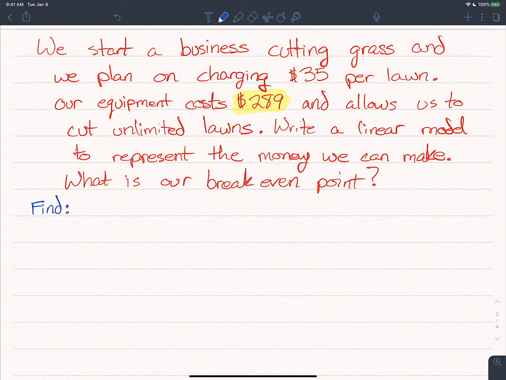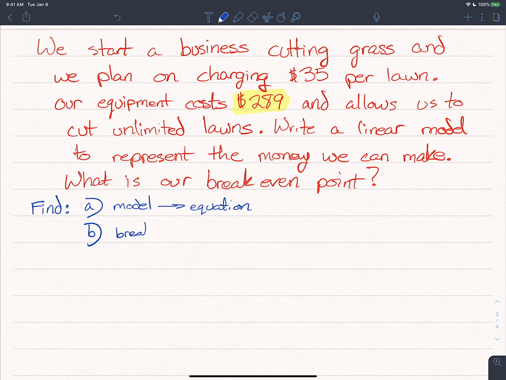Now, once we start with the find, what are we trying to find? So, A, we need to do a model, right? And in this case, the model we want is an equation. And B, we want to find the break-even point.